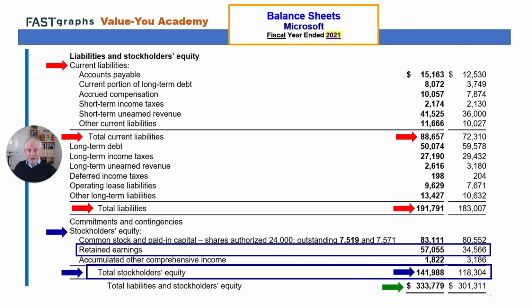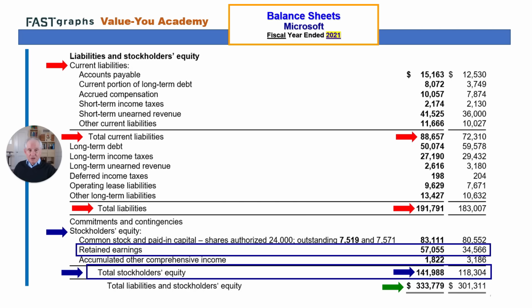So the money brought in from the sale of stock, the profits that have been reinvested in the business since they started, and the accumulated other things from currency exchanges and other, that adds up to 141 or almost 142 billion. Plus the 191.8 in liabilities, it's the same as the assets. It's got to. Assets always equals liabilities plus equity on one day.